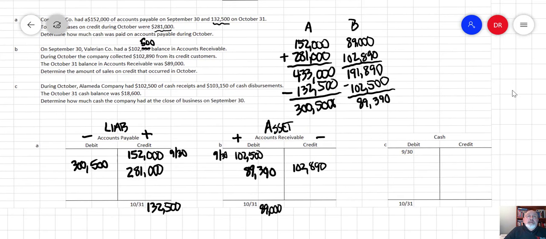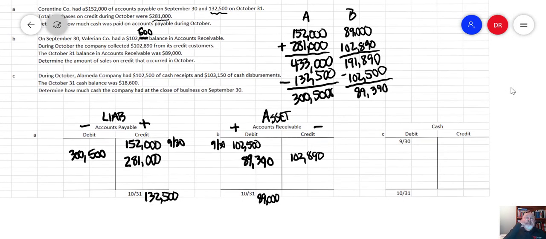Okay? And the last one here, letter C, says during October, Alameda had 102,500 of cash receipts and 103,150 of cash disbursements, and an ending balance on October 31st of 18,006. So once again, we're going to ask, okay, what kind of account is this?